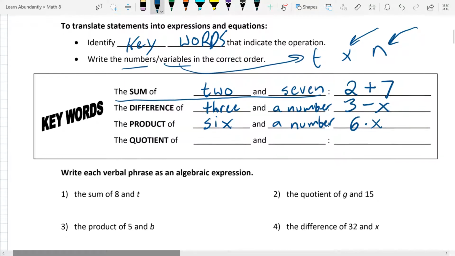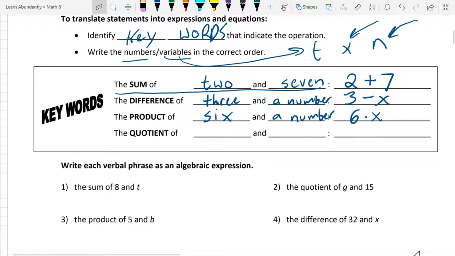The quotient of, how about the quotient of 5 and 7? Now, the quotient of 5 and 7 means I'm going to write 5 divided by 7. Quotient means division. So, as a refresher, the sum is plus, difference is minus, product is times, and quotient is division.